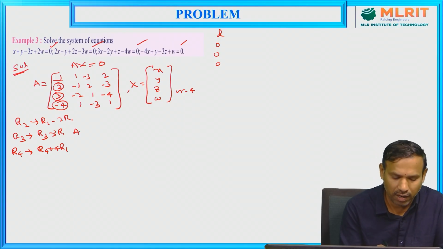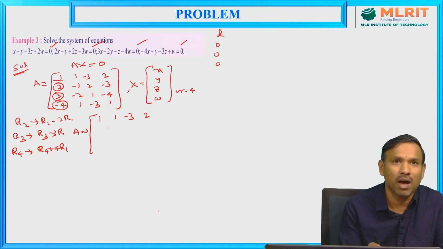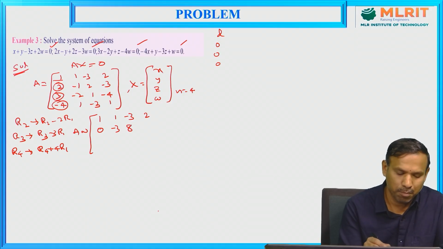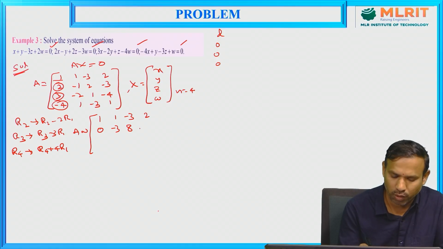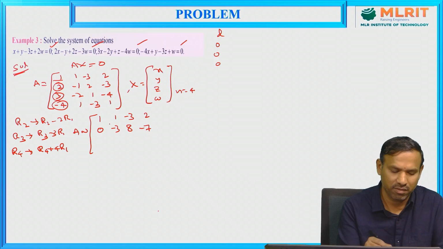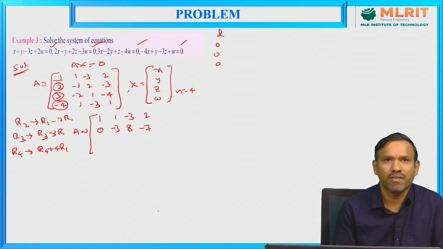So A is equivalent to: first row 1, 1, minus 3, 2. Second row R2 minus 2R1: 2 minus 2 is 0, minus 1 minus 2 is minus 3, 2 plus 6 is 8, minus 3 minus 4 is minus 7.